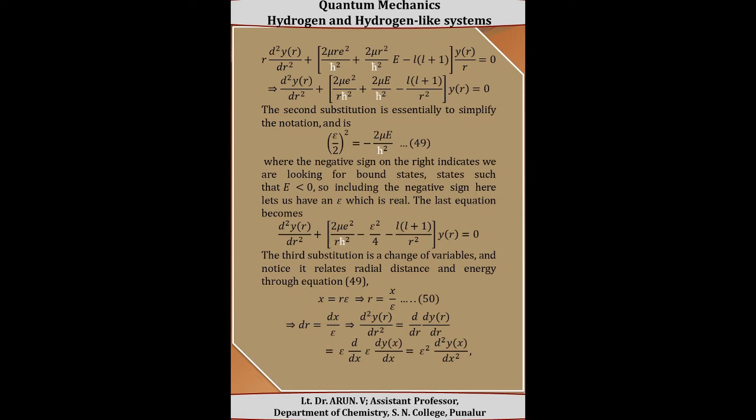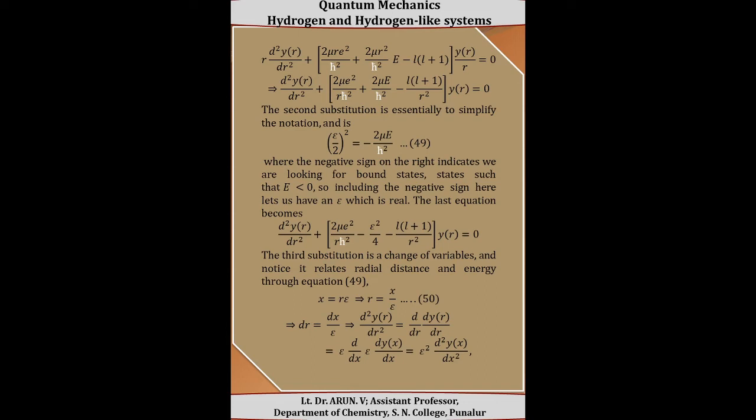So including the negative sign here, let ε be real. By giving this substitution in terms of ε, the above equation becomes d²y(r)/dr² plus [2μe²/(rħ²) minus ε²/4 minus l(l+1)/r²] y(r) equal to 0.